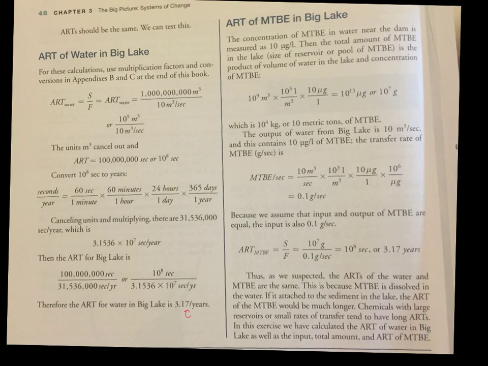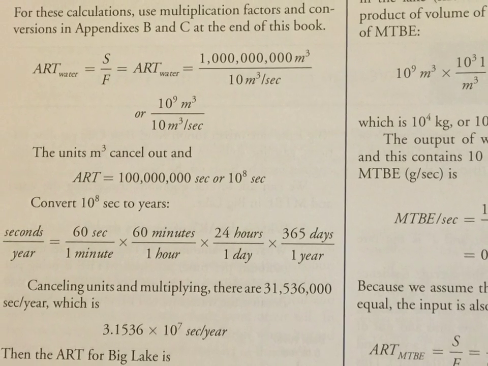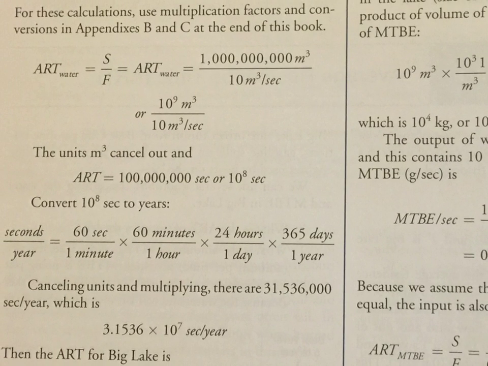So rewriting this, we can say that 10 to the ninth meters cubed is the same over 1 multiplied by 1 second, because I'm inverting this.